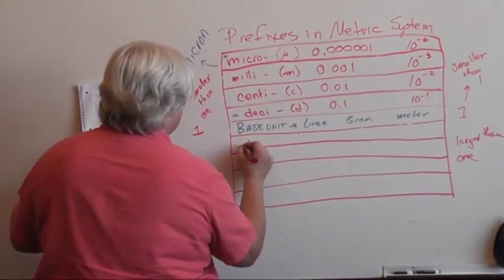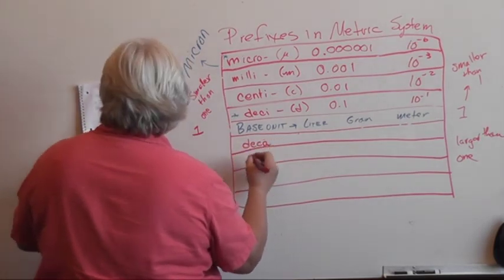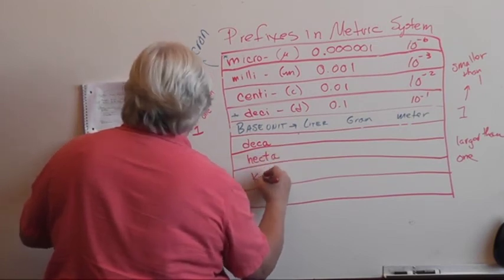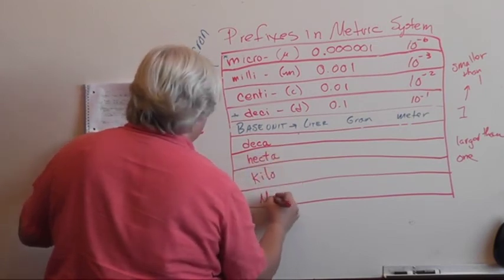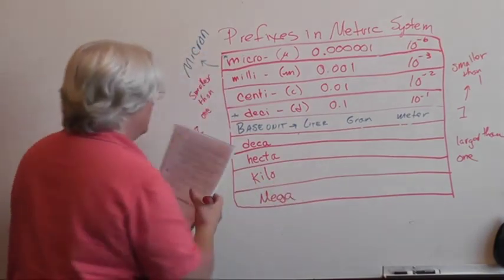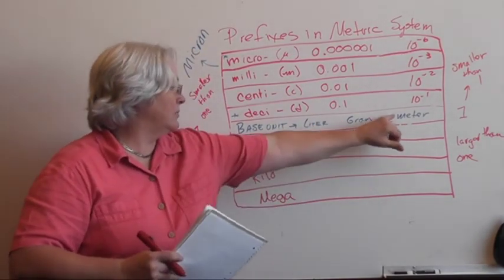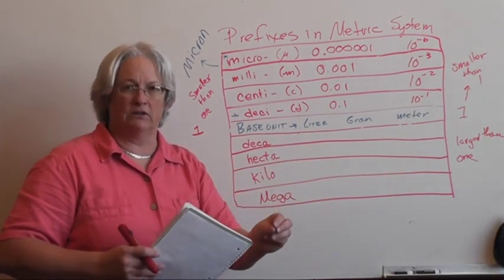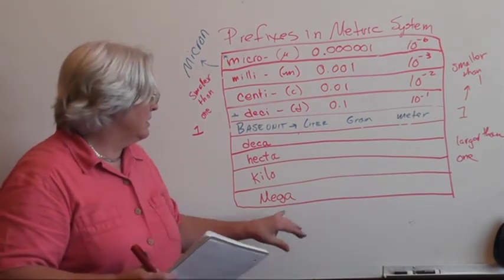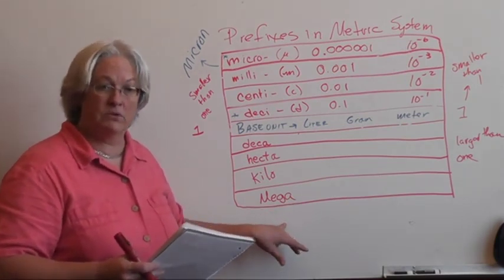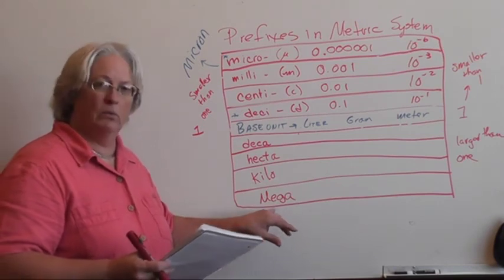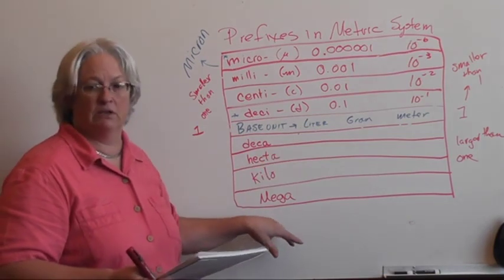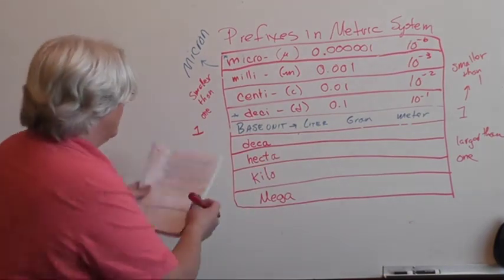We have deca, D-E-C-A, hecta, kilo, and mega. So you have a deciliter, hectogram, kilometer, a megaliter. Guys who are really into studying wars will hear about megaton bombs. 1 megaton nuclear device has the destructive power of 1,000,000 tons of TNT, 1,000,000 tons of dynamite.